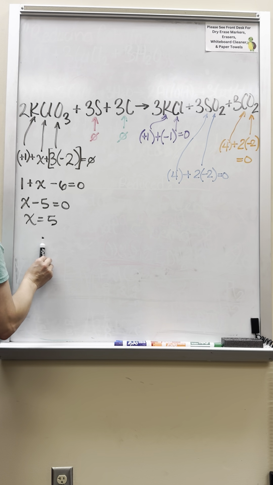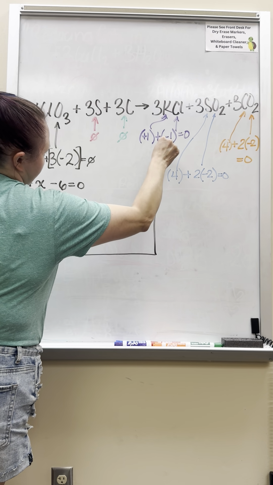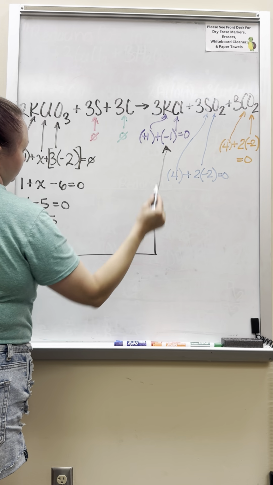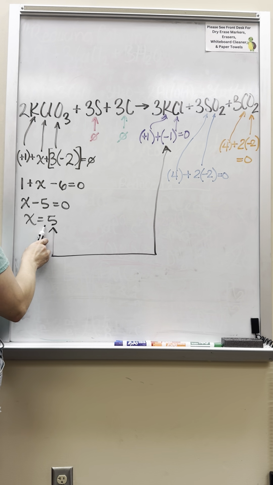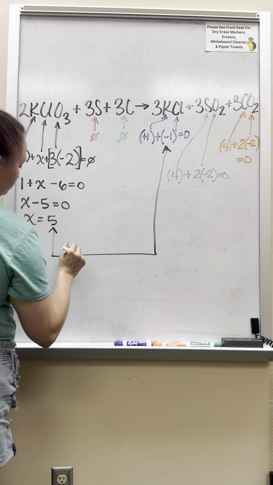So I would be willing to say that this is the one that's going to be reduced. And sure enough, if you look over here, up to chlorine, it's going from a +5 to a -1. It's being reduced.